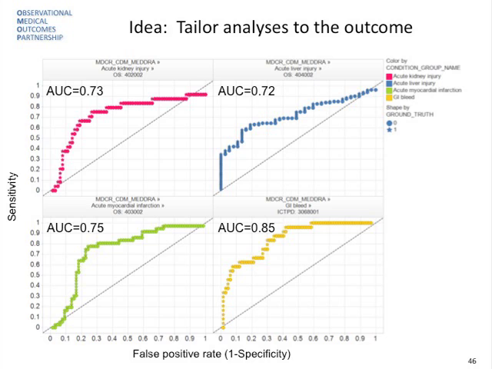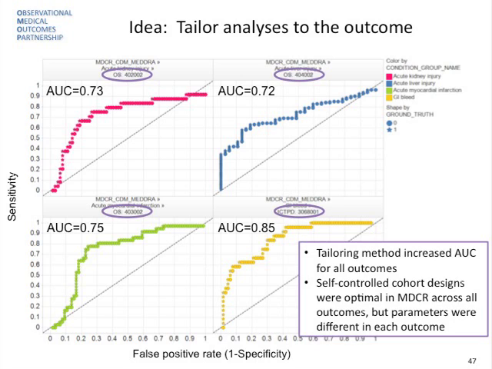Myocardial infarction, we've jumped up to 0.75. GI bleed, we're already up to a 0.85. Okay. Remember that slide I showed of the diagnostic test where we basically said things that are in practice right now are somewhere between a 0.6 and a 0.8. So we're about a 0.6, and now you can see by choosing a different method for each different outcome, we're actually starting to see very promising performance.